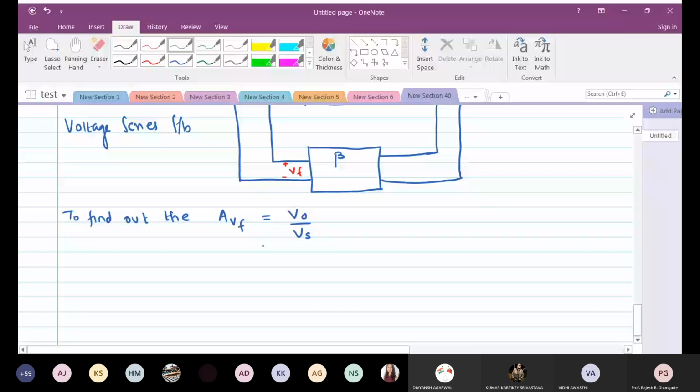It is VS minus VF. And what is VF? We say that it is proportional to V out. So can I say VF is equal to beta times VO? Beta is the transfer function of the feedback network. It can be as simple as a potential divider.